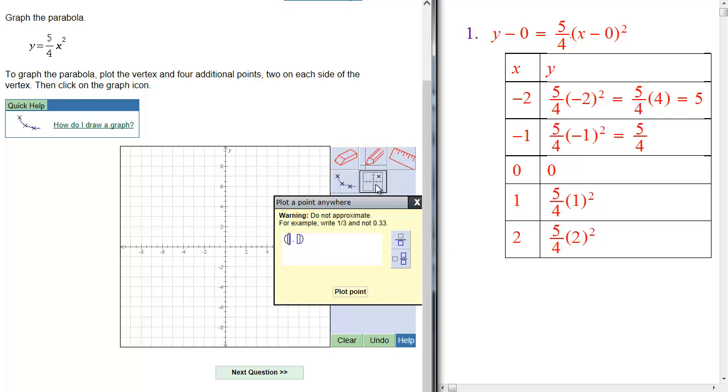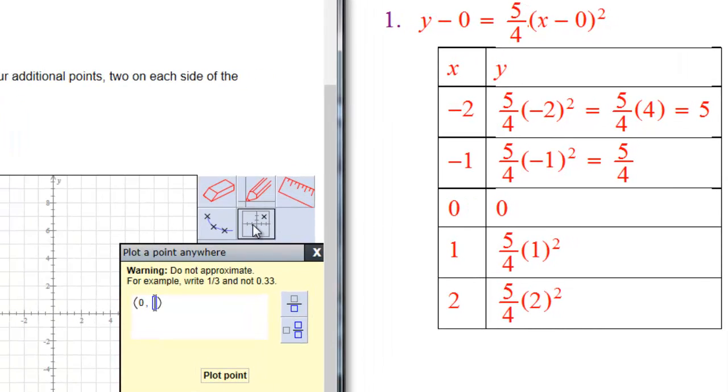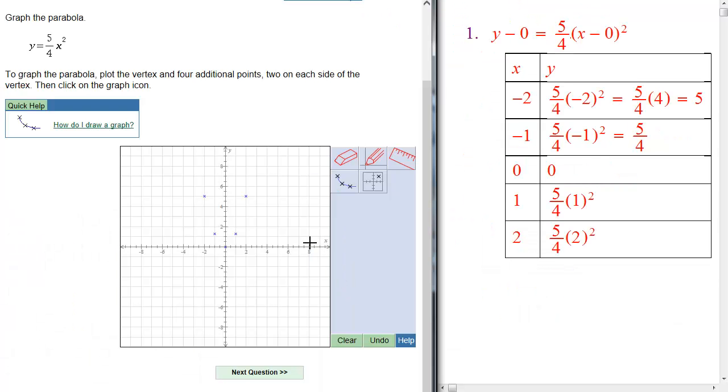So let's plot those points. And then see this little tool here, if you connect the graph, it will give you the parabola.